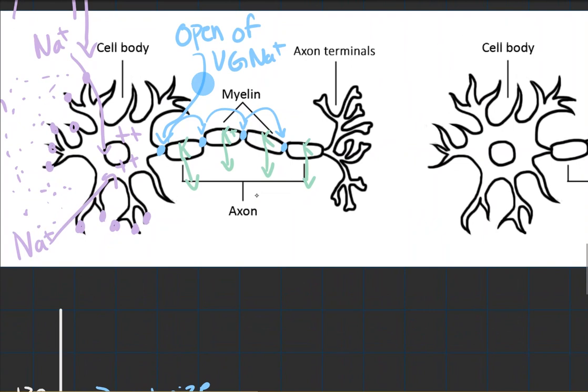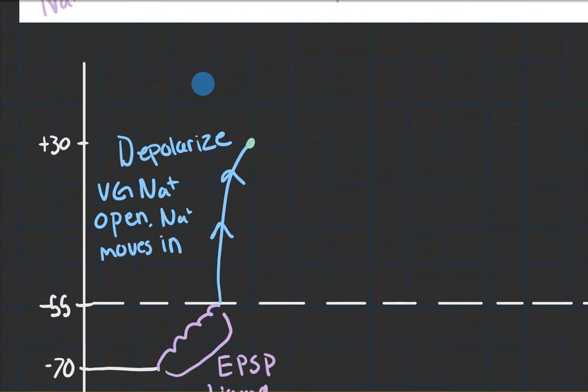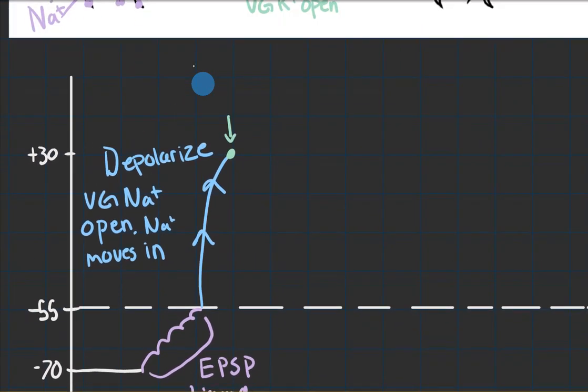So potassium opens, and this is called the repolarization. So it'll repolarize, and those channels are voltage-gated potassium channels that are opening. So I'm going to put a dot here, because right at this dot, what's happening is voltage-gated potassium open, while simultaneously voltage-gated sodium close.